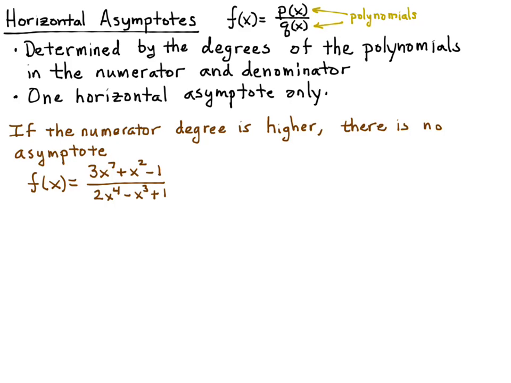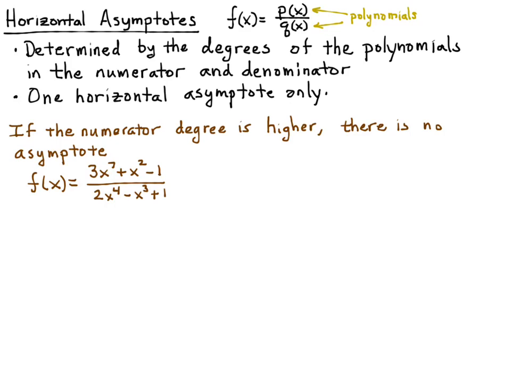So if the numerator degree is higher, like this, if we have a 3x to the 7th and 2x to the 4th, remember that the long-term behavior of the polynomial is going to look like the leading term. And so this is going to be 3x to the 7th over 2x to the 4th, which is what you would expect its long-term behavior. If you do the division then, it's 3/2 x cubed. So how does x cubed behave?